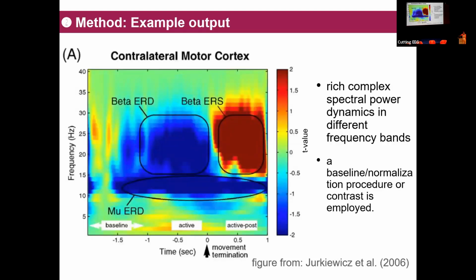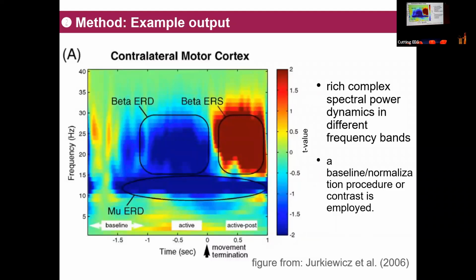So here's one time frequency representation that you can observe. I just picked an interesting one from the literature. If Max were here, he would scold me for the JET color map. Okay, so here you can see an average over trials, and what the participant had to do was perform a movement, and the 0 here is the termination of the movement.